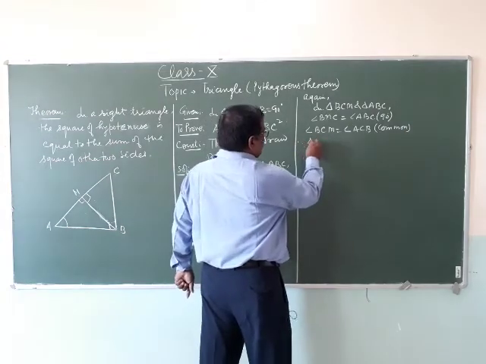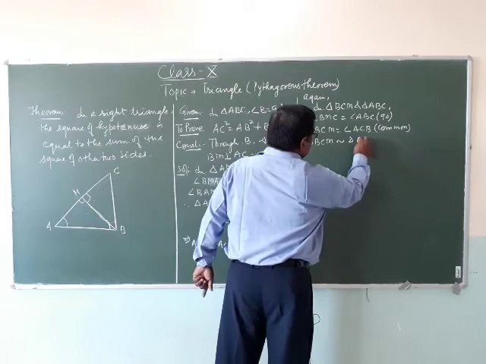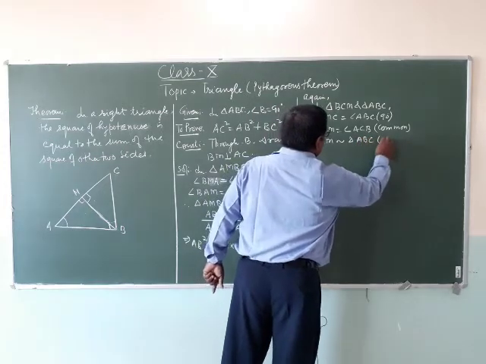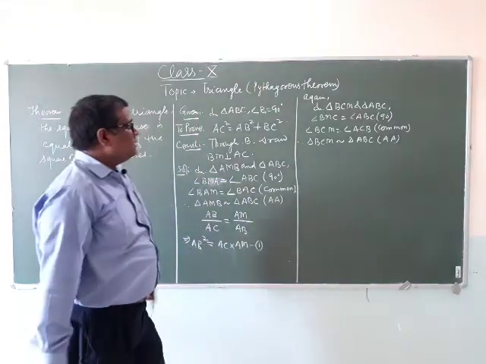Therefore triangle BCM is similar to triangle ABC by angle similarity.